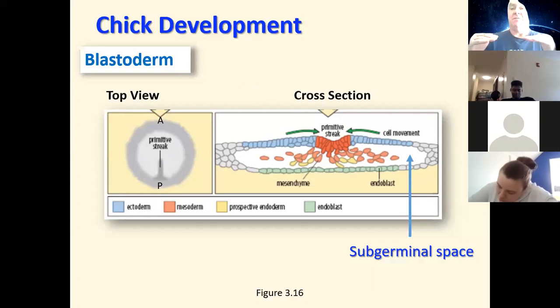As you get more cells, they have to go somewhere, and they go towards the middle. They come down in, and as they go through that streak, they become mesenchymal, so they separate from each other, and they go forward and laterally. Okay, so you're going to fill out this whole subgerminal space with the endoderm and mesoderm by these cells coming through this way. Does that make sense?